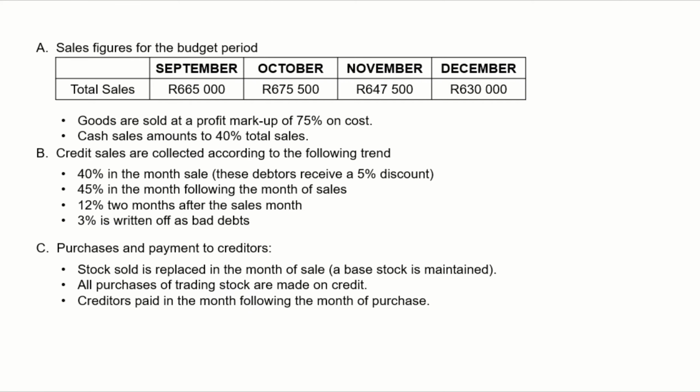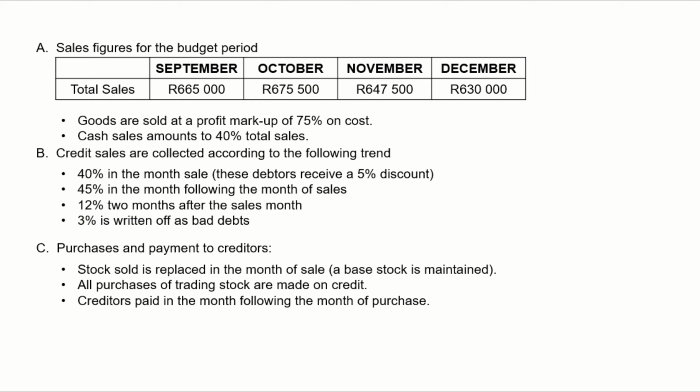Okay. So now what that means is that if we buy in this month, we're going to pay them back in the next month. All right. So meaning that if we buy in September, we're going to pay back in October. Whatever we buy in October, we're going to pay it in November. Whatever that we bought again in November, we're going to pay for it in December.